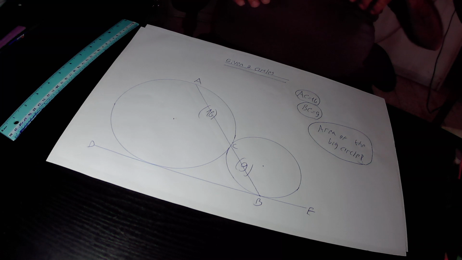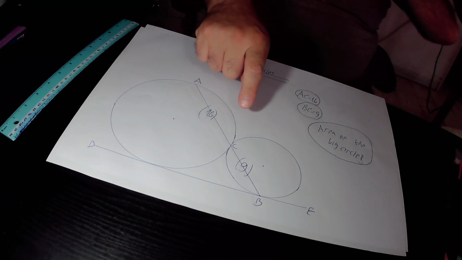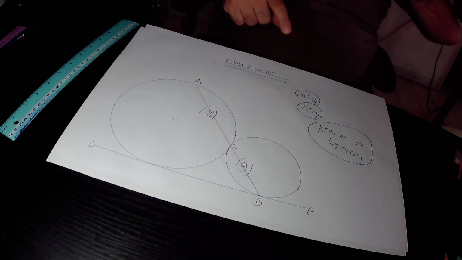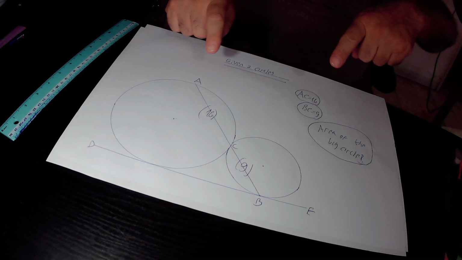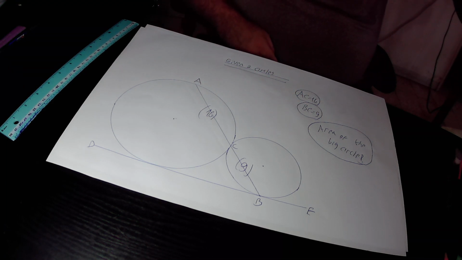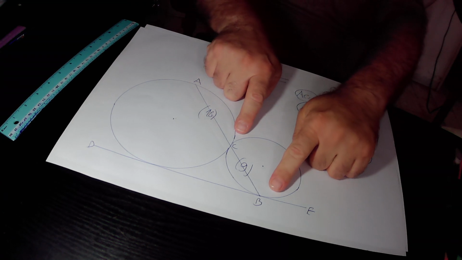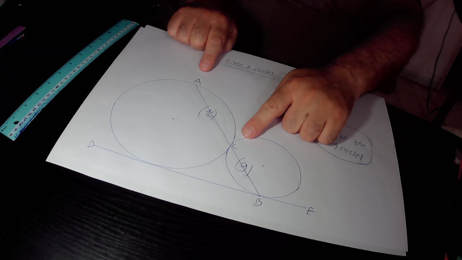In the drawing, we have those two circles that touch each other at this point C. Point C is the point of tangency of those two circles with each other. In addition, we know that line segment CB is equal to 9 units in its length, and line segment AC is equal to 16 units in its length.